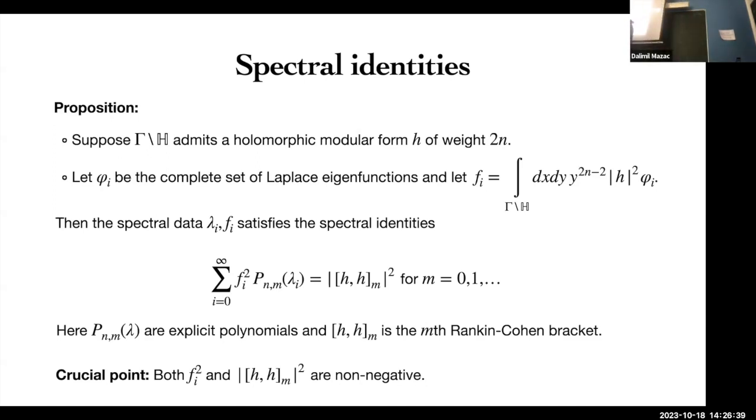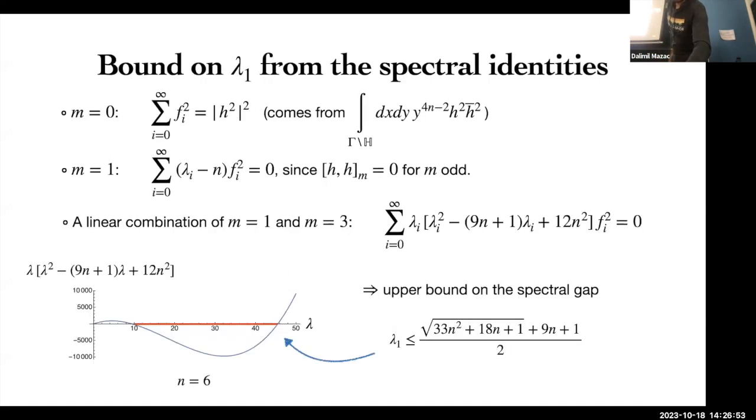But the crucial point is that both these coefficients here and the right-hand side are non-negative. We don't know what their values are, and we don't know what the lambdas are, but we know this provides a lot of constraints on the lambdas. And then you can try to prove bounds on the lambdas out of it.